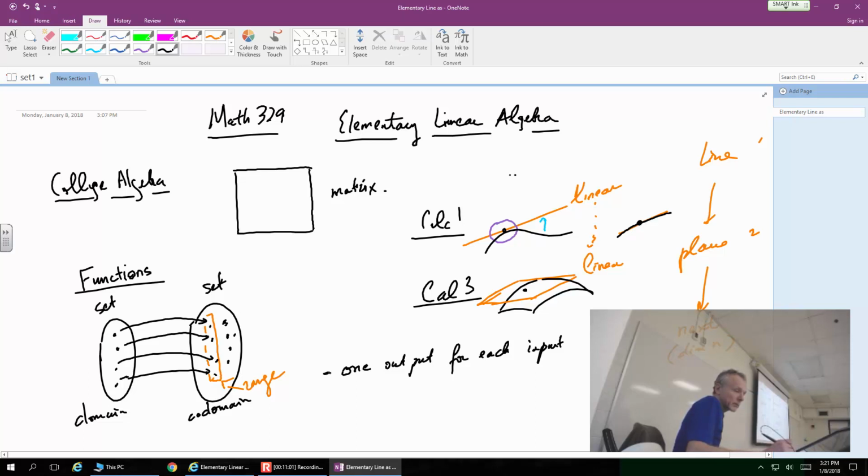Actually, that's the second part. The first part is that there is an output for each input. So it exists and is unique. That's another way to put it, as in mathematics we like to put it.